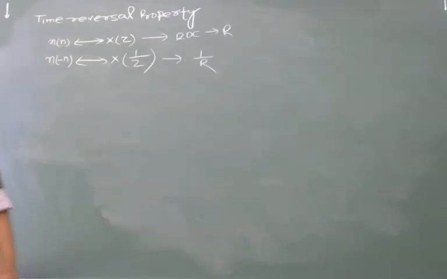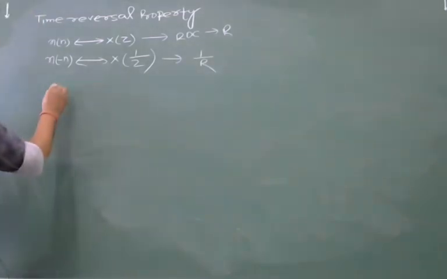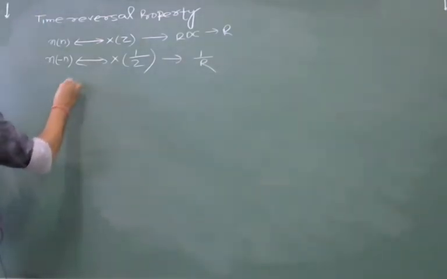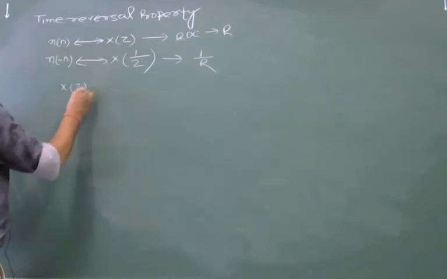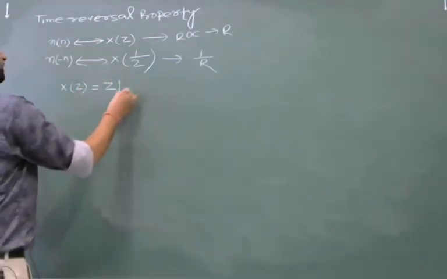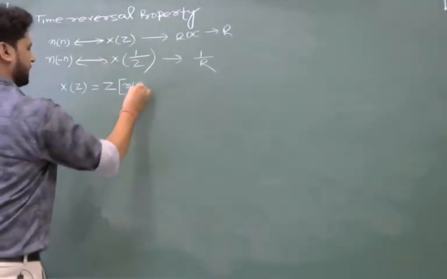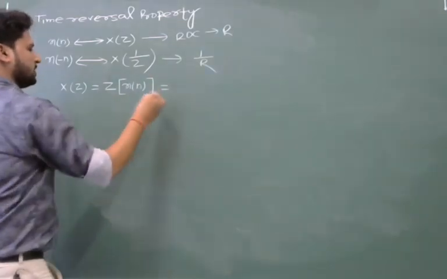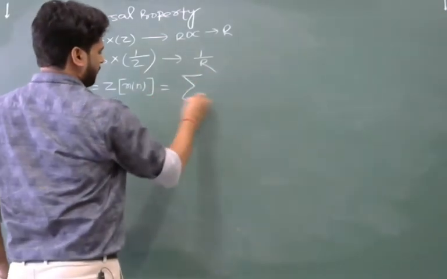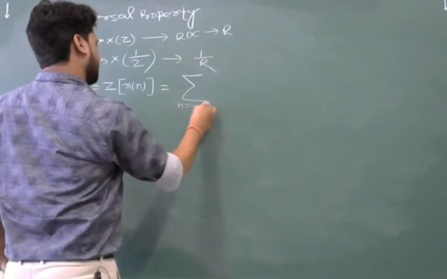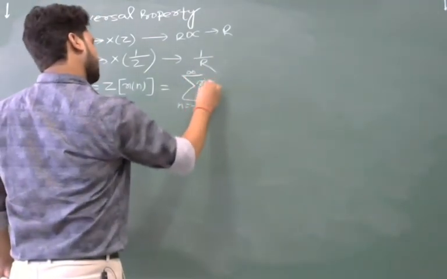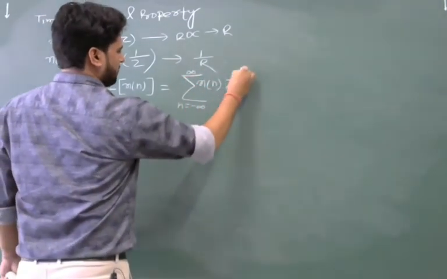Now we can find the proof for this given property. As we know that x of z, the z transform of x of n, can be written as sigma n from minus infinite to plus infinite x of n into z power minus n.